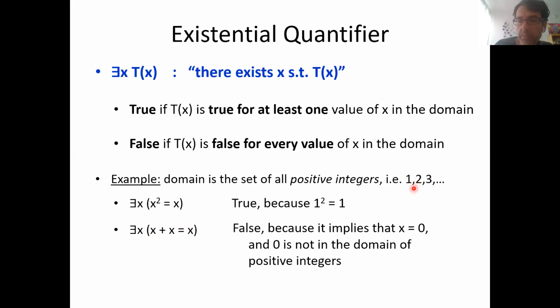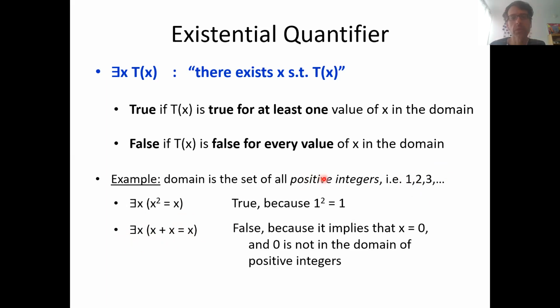So it very much matters what the domain is. This statement would be true for all integers, or even for all non-negative integers, right? Because it is true for 0, and 0 does belong to these sets. But it becomes false when the domain is changed to just positive integers.